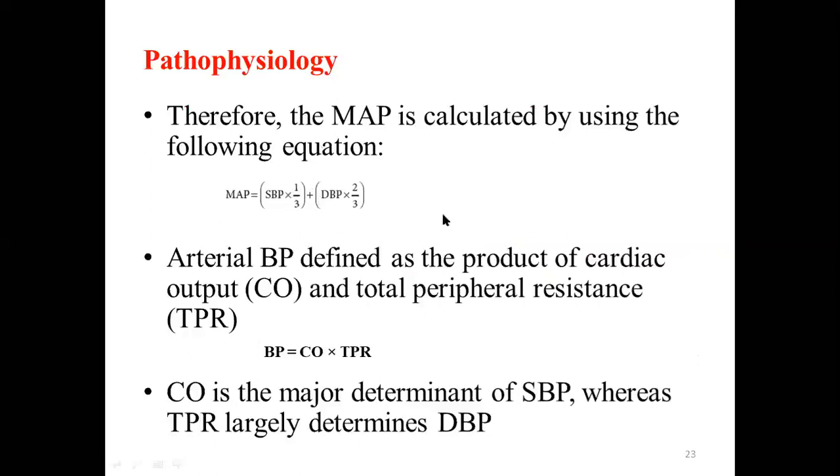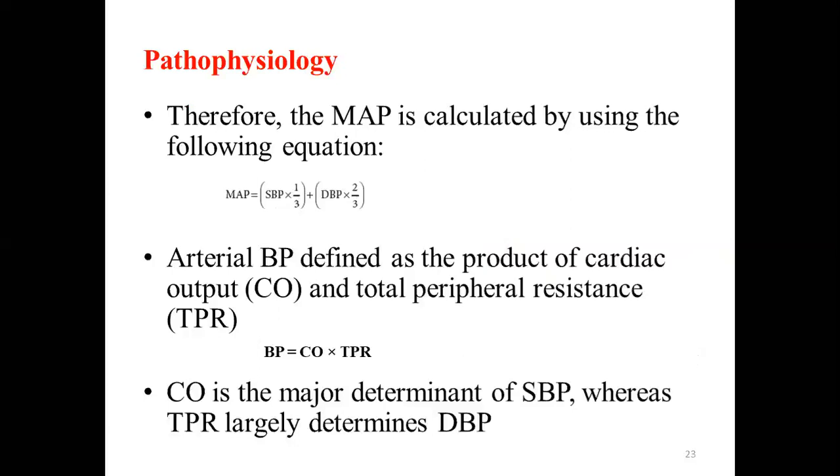These mean arterial pressures are not commonly calculated, but they are very essential, especially in the management of hypertensive emergencies, because we titrate the drug based on the mean arterial pressure. We'll discuss that at the end.